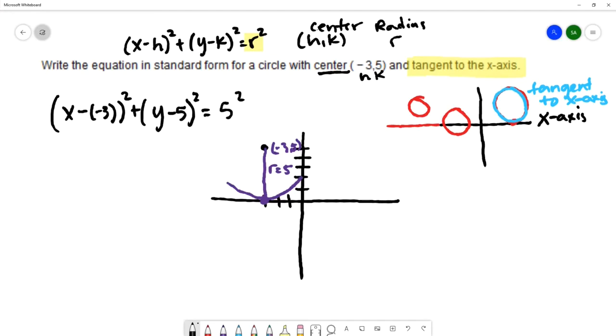I'll simplify this double negative and simplify the squared, and that gives (x plus 3) squared plus (y minus 5) squared equals 25. So we have the standard form of a circle that has a center of (-3, 5) and is tangent to the x-axis.